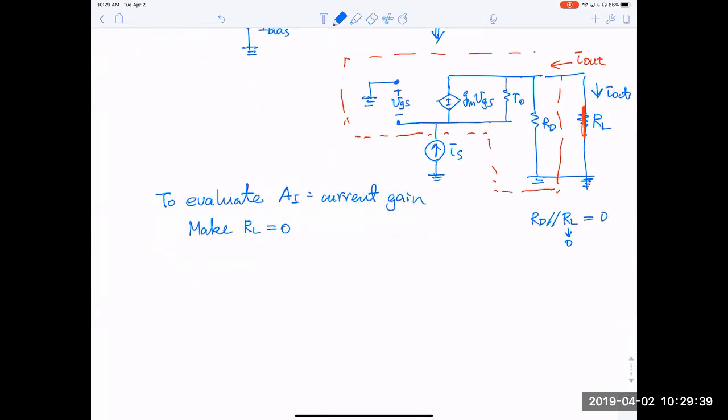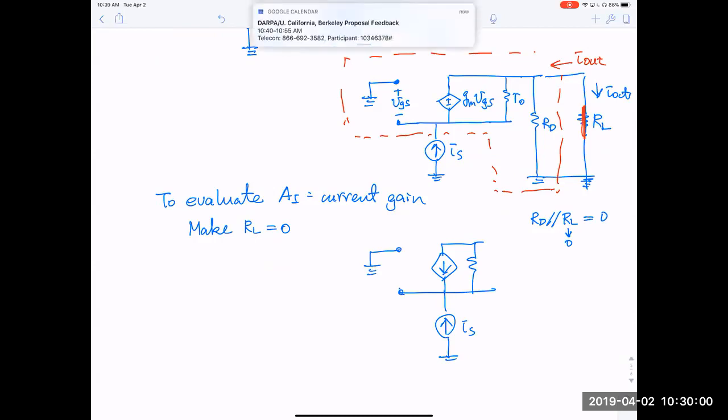So we can simplify our equivalent circuit for estimating the current gain. It's basically like this. And here is our input, I source. This is grounded, and this basically goes to ground. And this is I out.